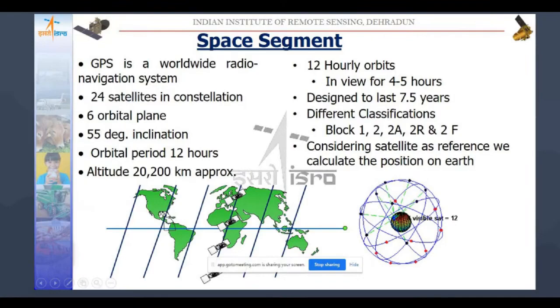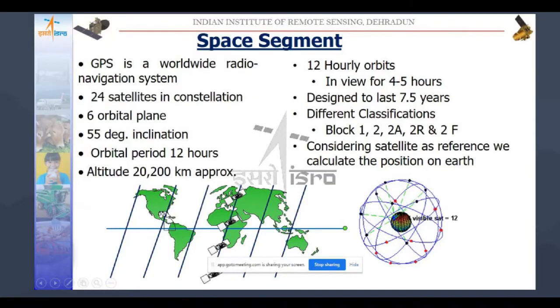Why have we not gone up to 36,000 for GPS? Because when we have 20,000 kilometers, the orbital period is around 12 hours. So 12 hours means it will have 12-hour visibility over a particular location, suppose in India.